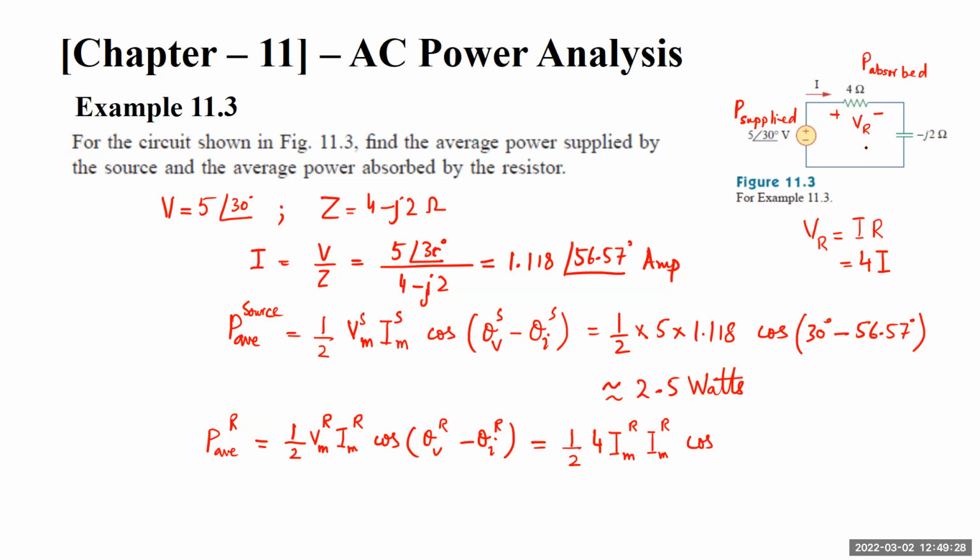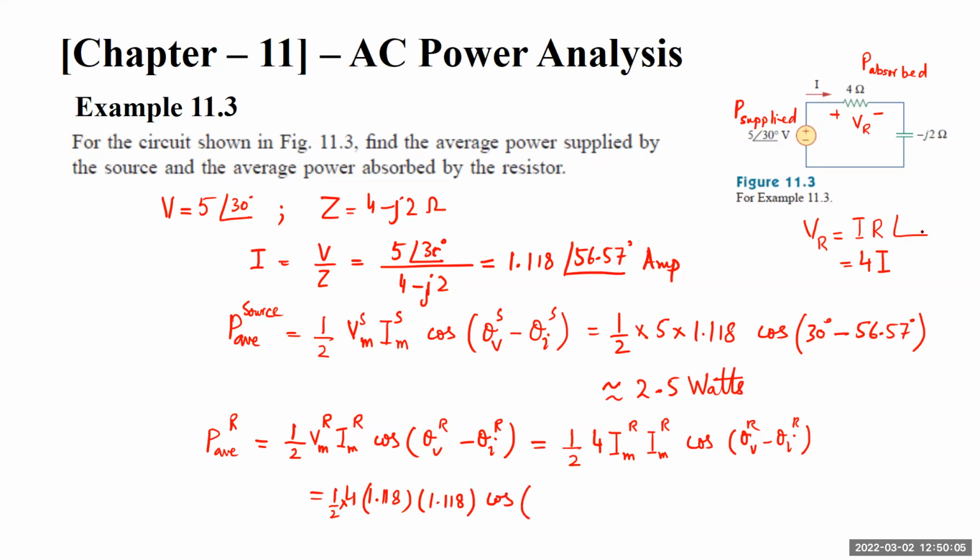In this case the voltage and current are in phase, so there is no phase difference. So 1/2 times 4 times Im, where Im is 1.118, times cos of the angle difference.